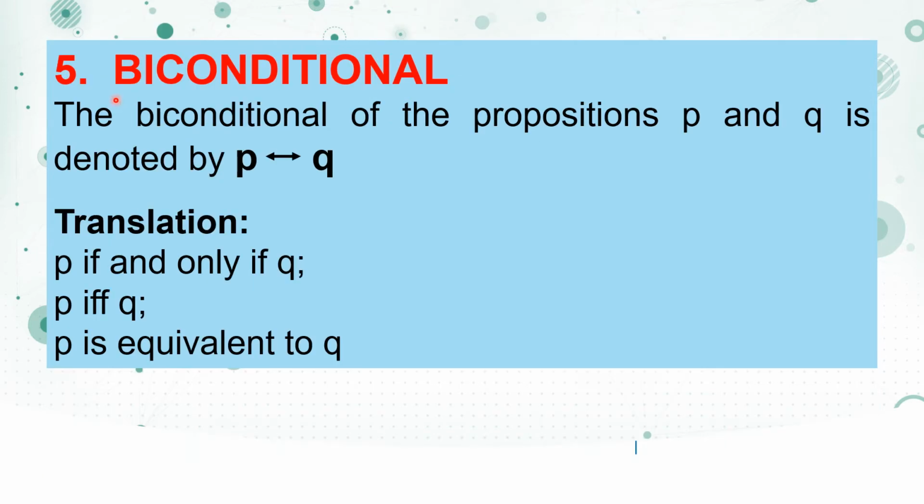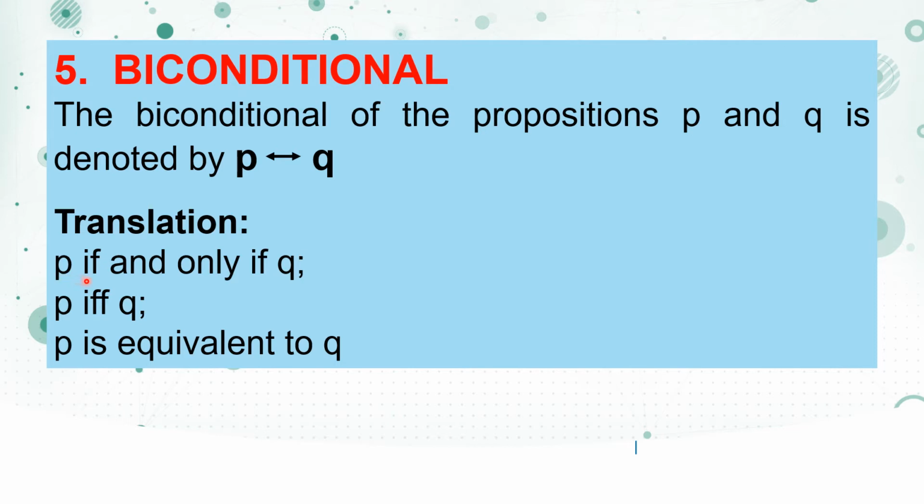And the last logical operator is biconditional. The symbol for biconditional is this one. The biconditional of the propositions P and Q is denoted by this symbol. And this symbol is translated or read as the following.